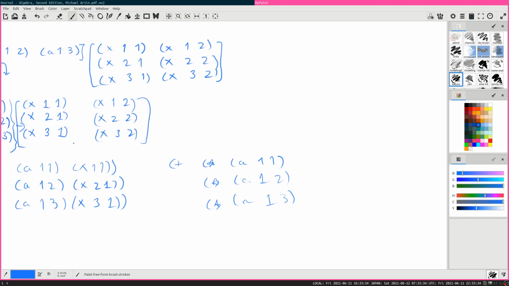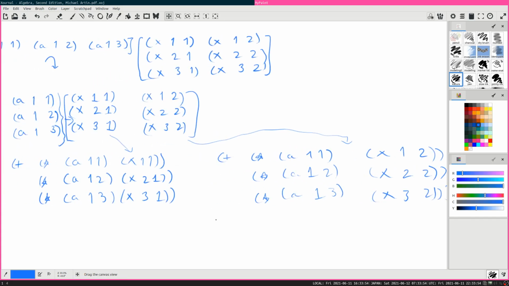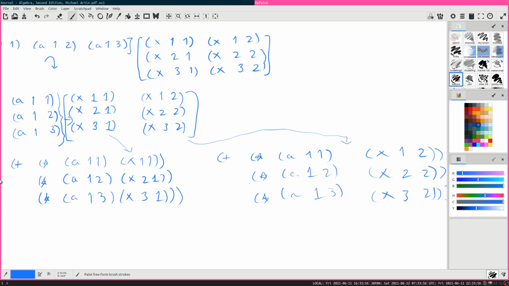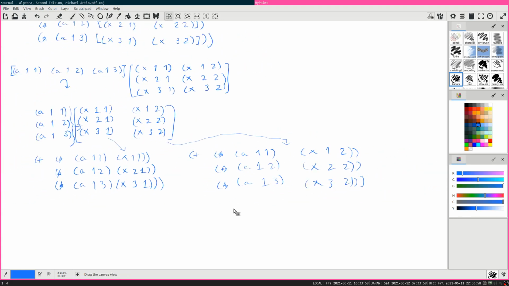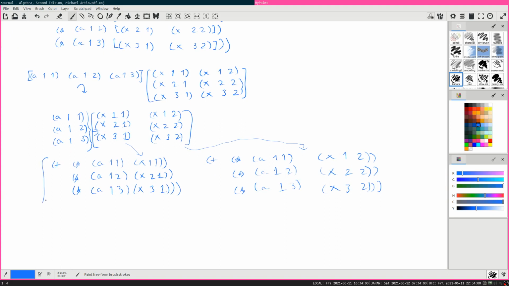And then we copied this column here, we're going to copy this column down here: x1,2, x2,2, x3,2. Close the times on each of them, and then finally close the plus. And then finally, this is the row.